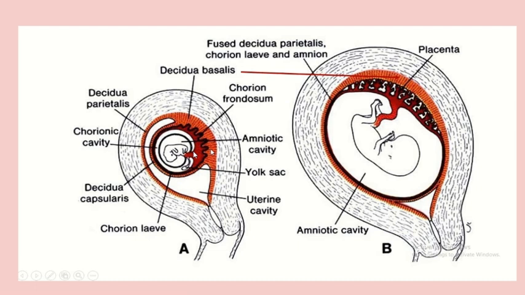From what you know about embryology, the decidua parietalis and the decidua capsularis fuse to form the amnion. As you can see here, these two fuse to form the amnion. And the chorion frondosum becomes the definitive placenta. So it's believed that in placenta previa, this fusion does not occur properly, and part of it still forms the placenta, increasing its size and increasing the likelihood for it to be pushed down to the lower uterine segment.